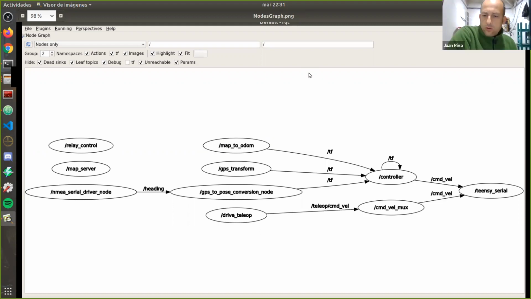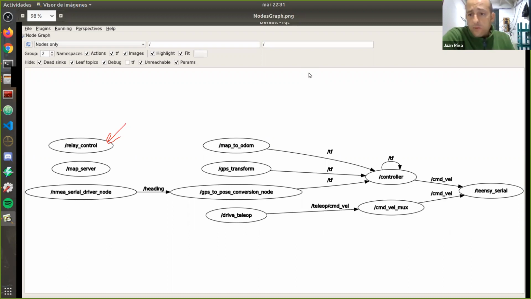Relay control. I don't know why it is that way. Because one of the things that I began understanding now is the part of the relay of the tractor. I'm not sure if this graphic is after or before I managed to pull up the relay control from the Raspberry.